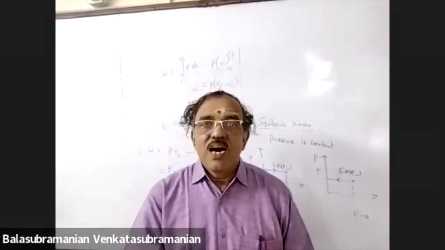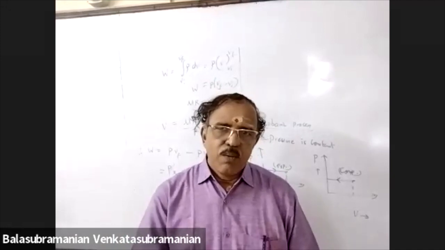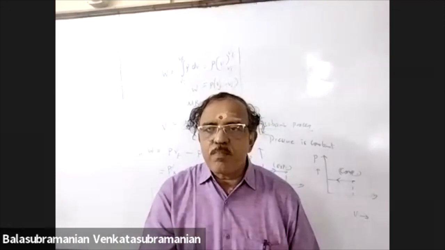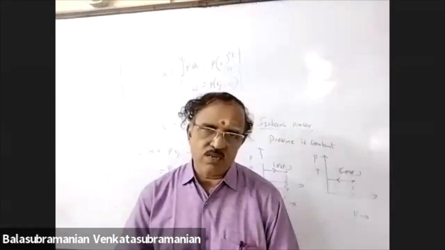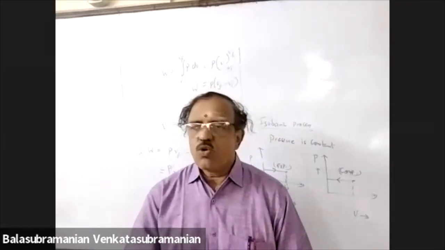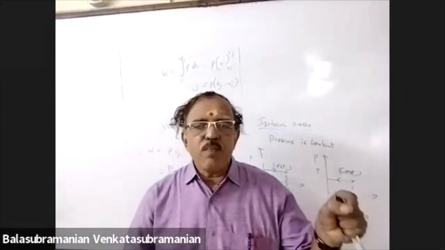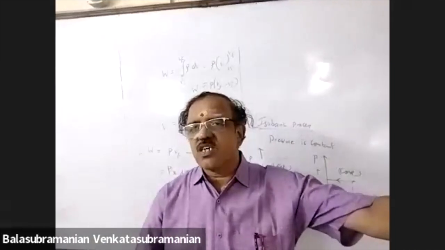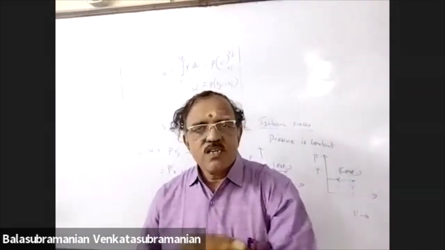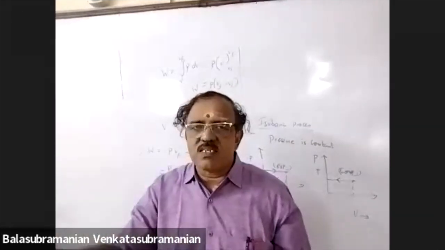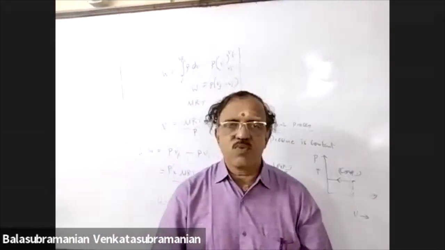In adiabatic, pressure and volume of the system change, but temperature is not constant. Two equations we have seen for adiabatic. PV power gamma is equal to constant, one equation. Another, TV power gamma minus 1 is a constant.